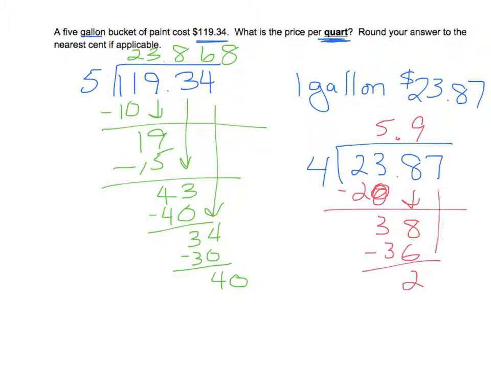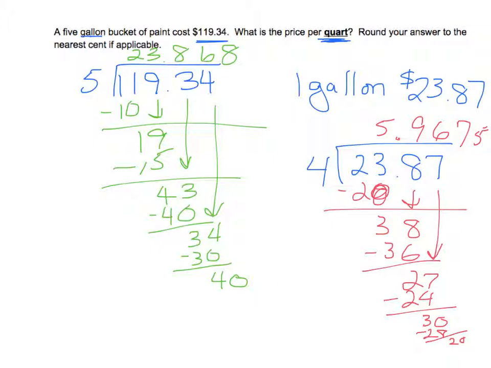Subtract 2, bring down your 7. 4 goes into 27 6 times. That's 24. Subtract, we get a 3, bring down your 0, or insert a 0. 4 goes into 30 7 times, and that's 28. Subtract, we get a 2, bring down a 0, and it's a 5.